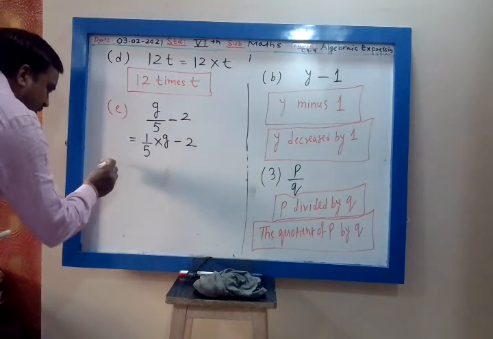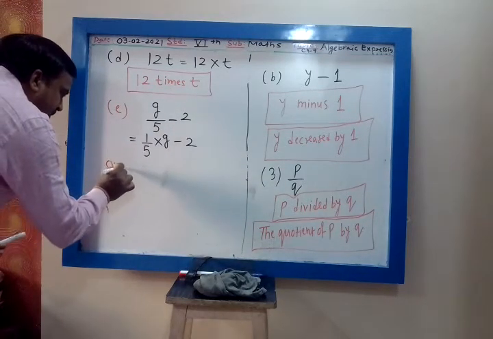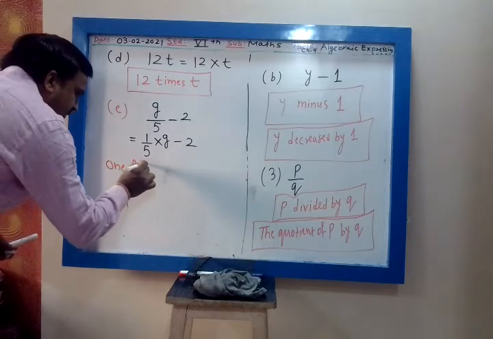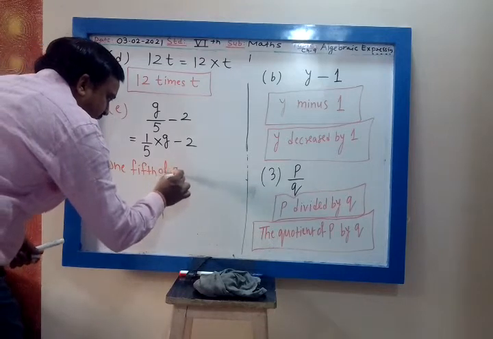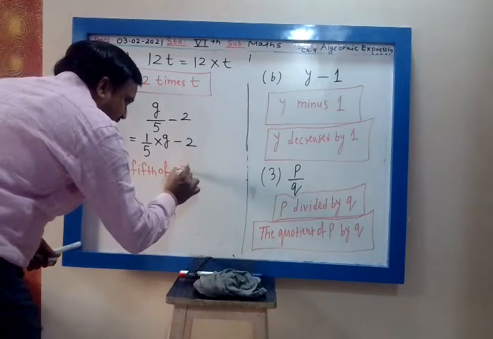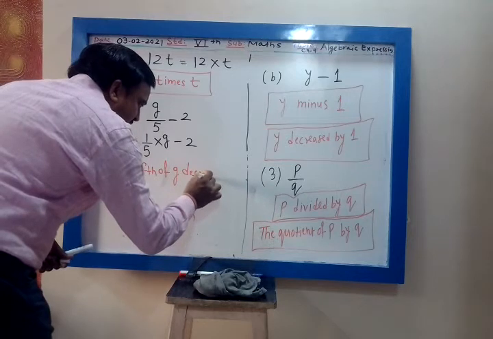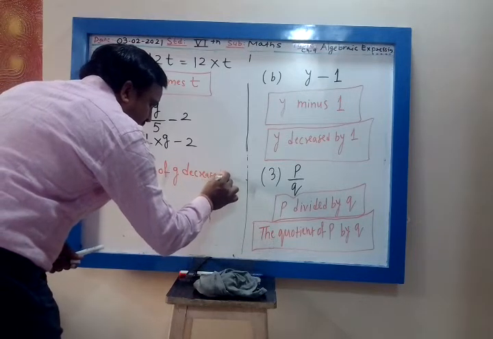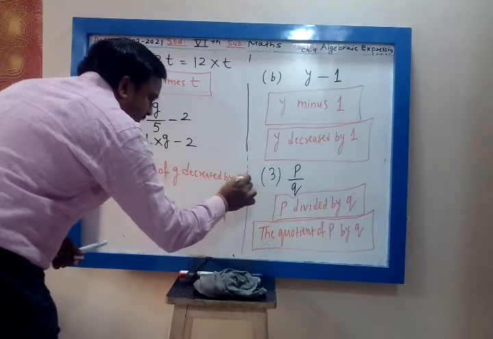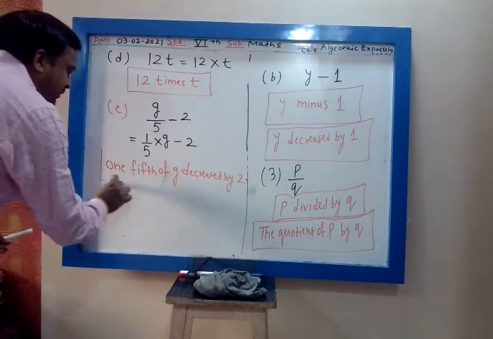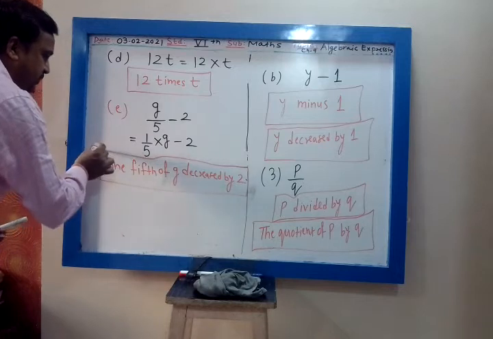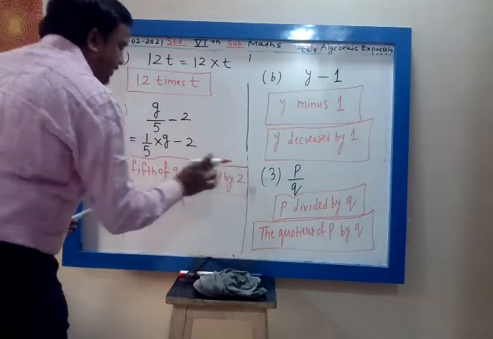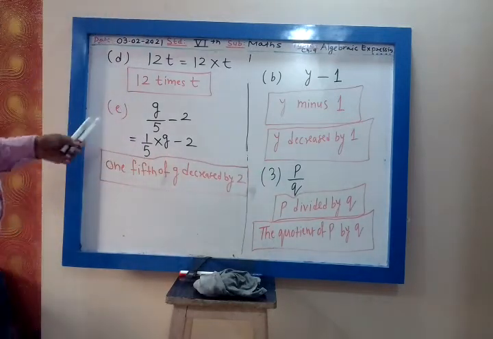So this we read 1/5 of g decreased by 2.